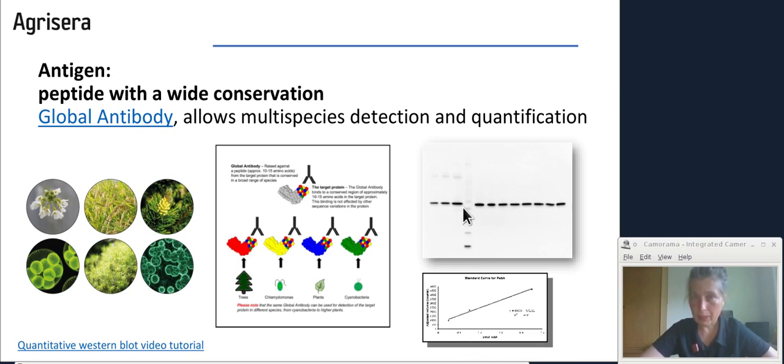This blot shows quantification of another photosynthetic protein, PsbA. These are samples from different cyanobacteria, and here are samples of a standard, which will allow us to create a standard curve for quantification.